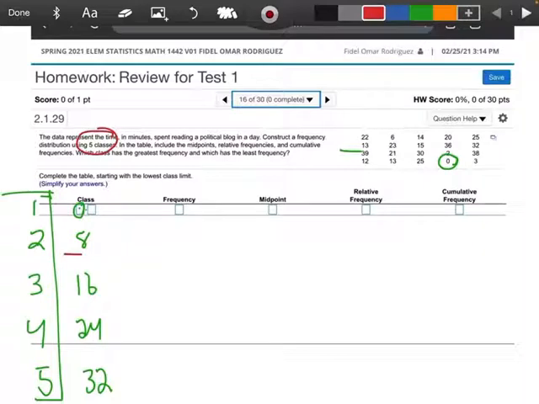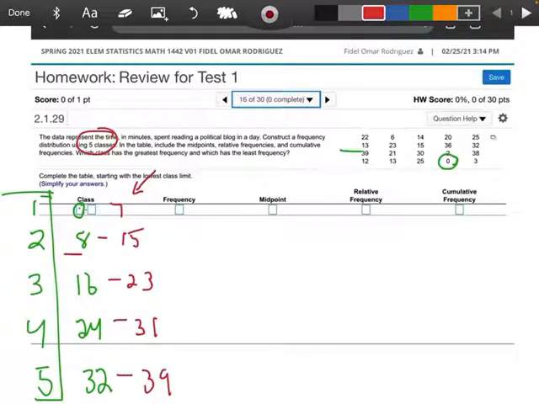If this number here is 8, the previous number would have been 7. And then because my class width is 8, I'm going to keep adding 8 to these numbers now. So this is 15. This is 23. This is 31. And this here should be 39.